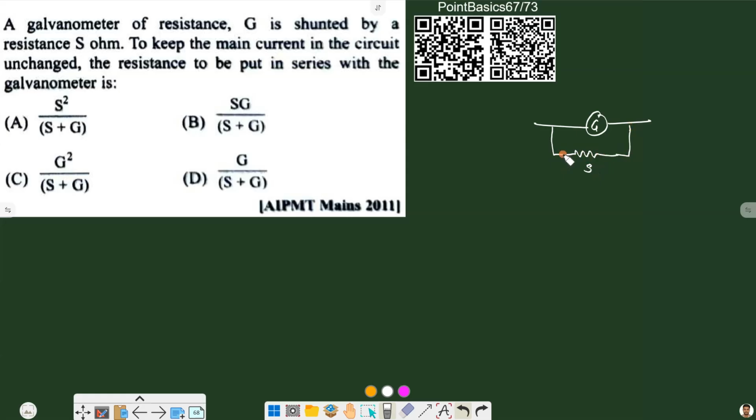Now to keep the main current of the circuit unchanged, it is mentioned that main current needs to be unchanged. Initially and finally, we have to compare the main current. So let's discuss both of the cases.